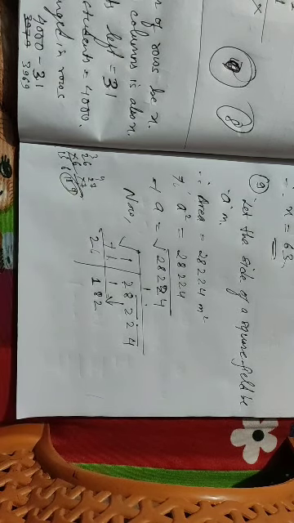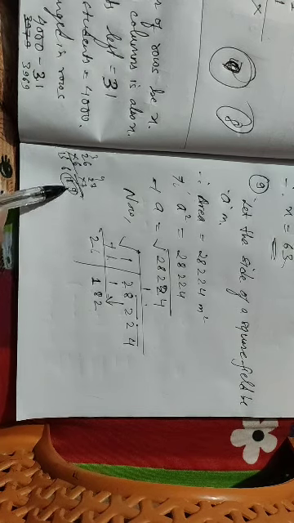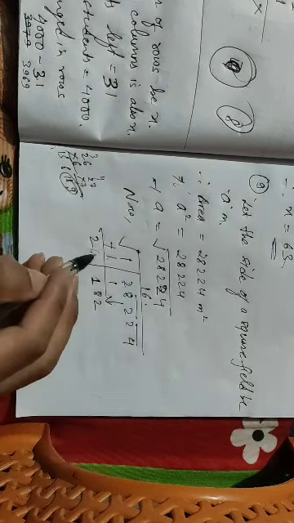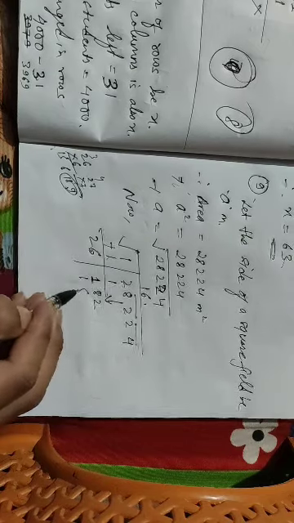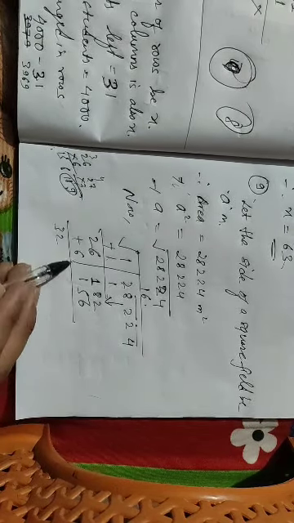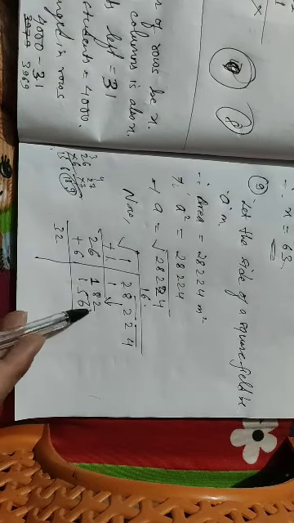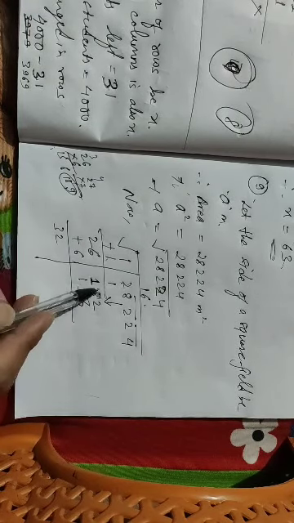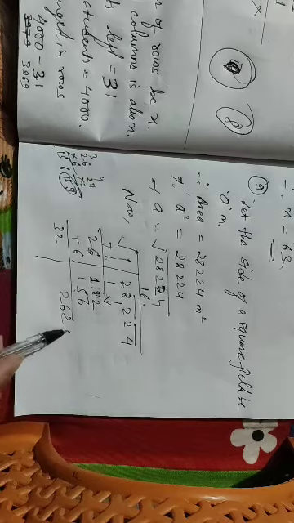See, if I do with 7, it will exceed, so we'll do with 6 only. So 26, 6 is how much? 156. We have to add 6 here, it will be 32. So this one will be 6. This will be 7 minus 5, 2, 2 4.